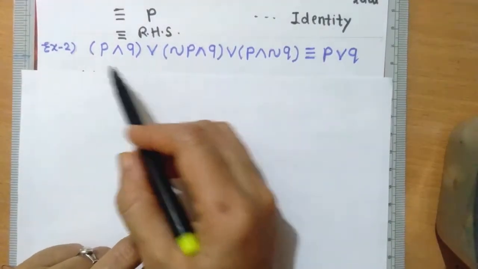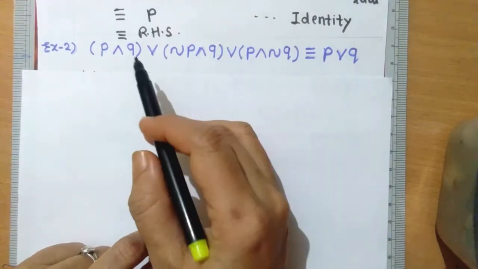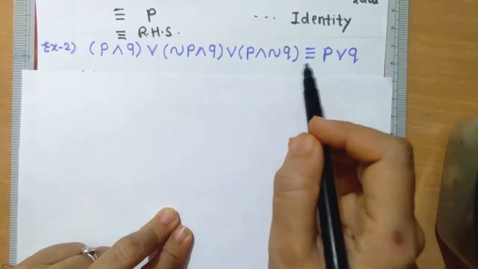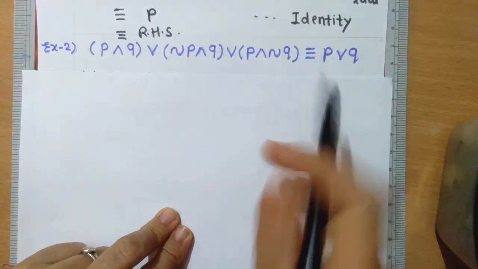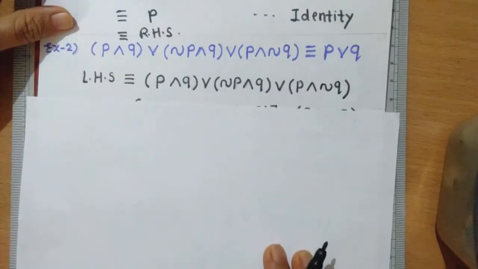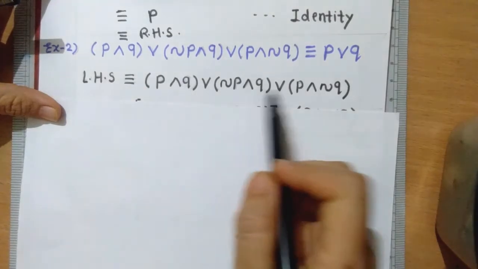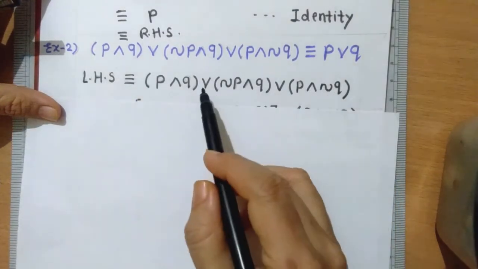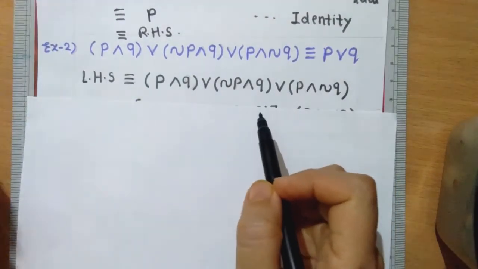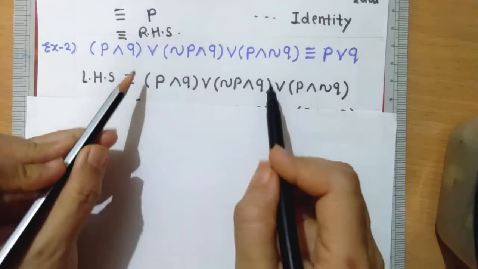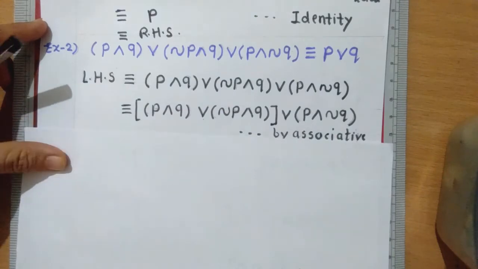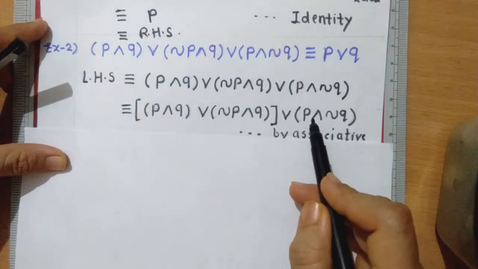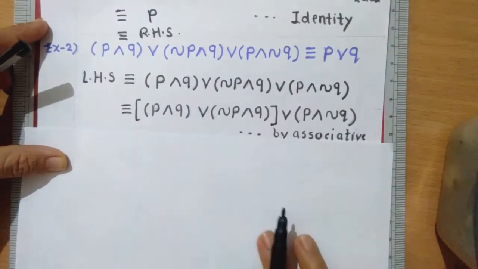Now let's solve the second example, and we can see there are three brackets with disjunction, equivalent to P disjunction Q. Now take the LHS. Again we can observe three brackets and the disjunction symbol between them. So by the associative law we will consider these two brackets together like this. Now again we will keep this part as it is and we will solve this bracket.